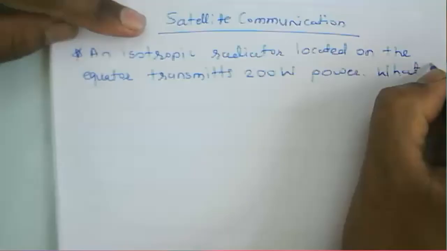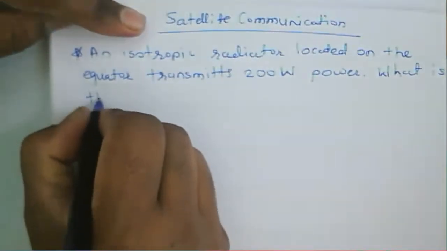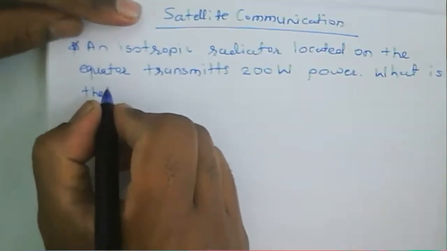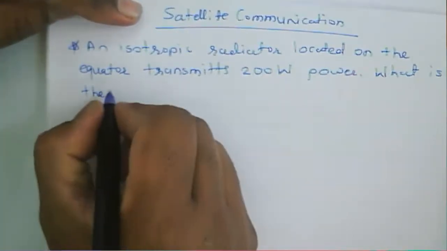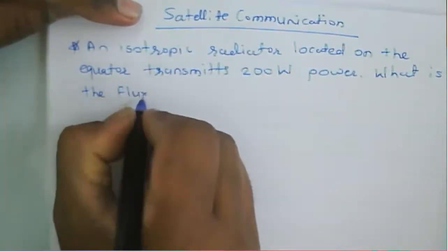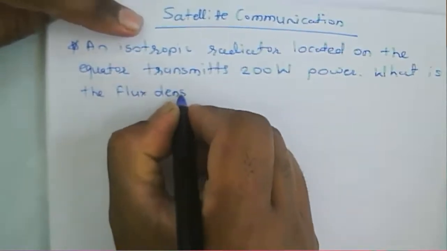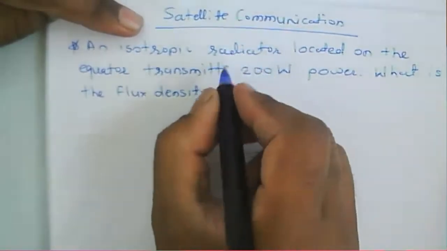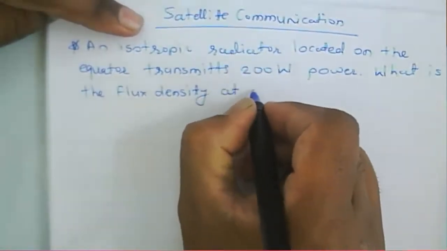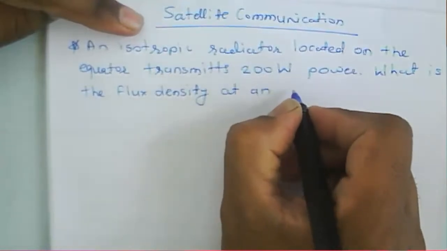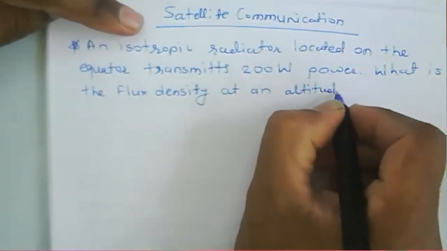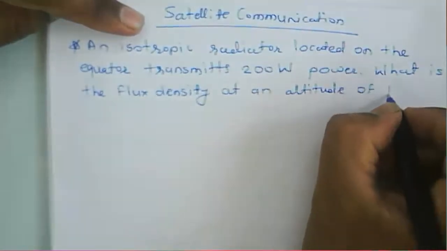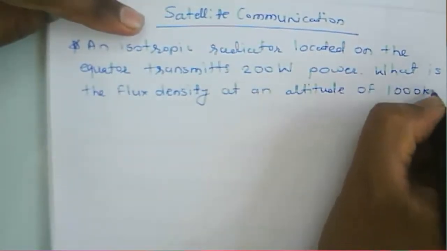Full stop. What is the flux density? What is the flux density at an altitude of 1000 kilometer?